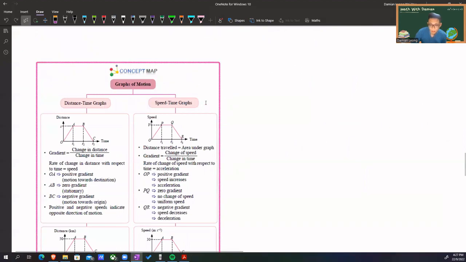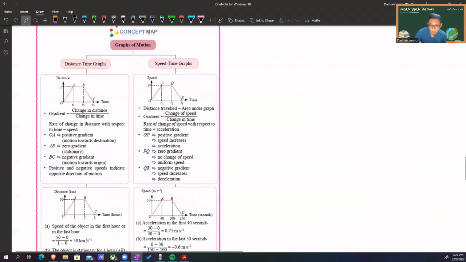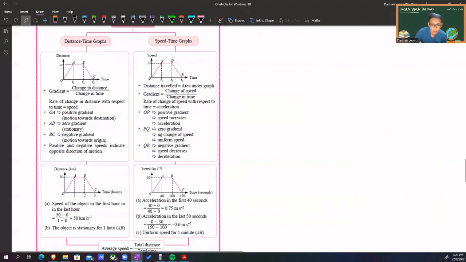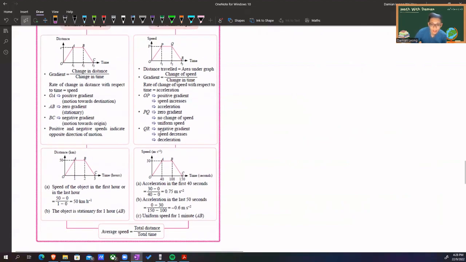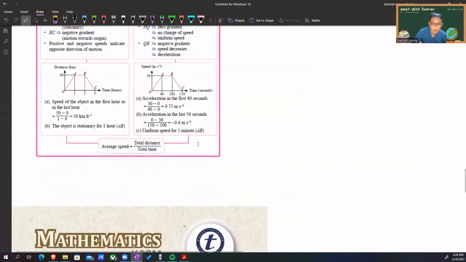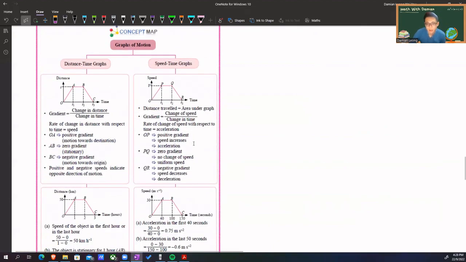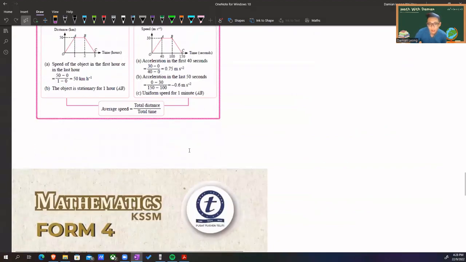Then speed against time graph, gradient is change of speed over change of time, which is rate of change of speed. So it's generally acceleration. So both we can find average speed. For speed against time graph, we can find distance, which is using area under the graph. So that's the main parts of chapter 7.